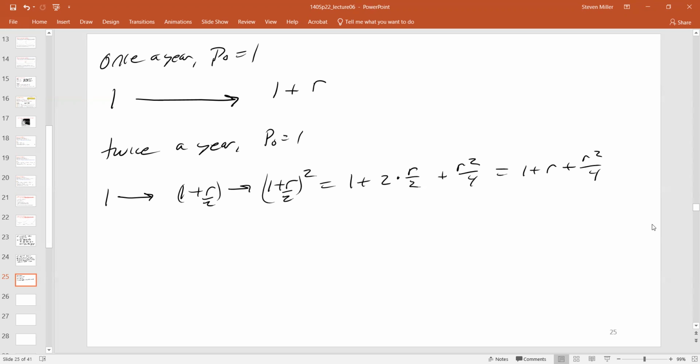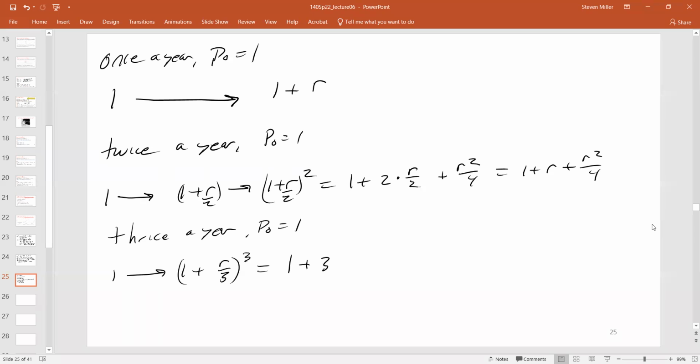If we do it 3 times a year, what does twice become if you do it 3 times a year? Fancy way of saying that? Thrice a year. So 1 would go to 1 plus R thirds cubed. And now we use the binomial theorem.